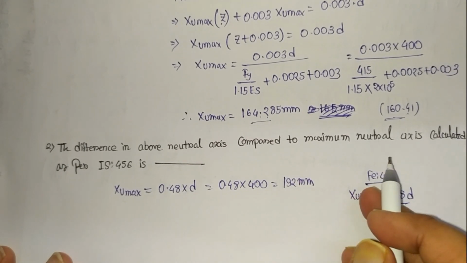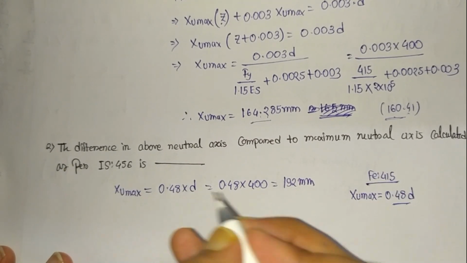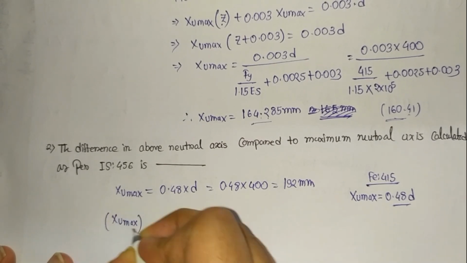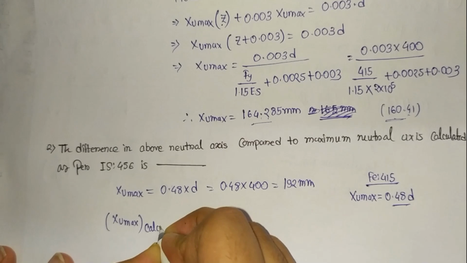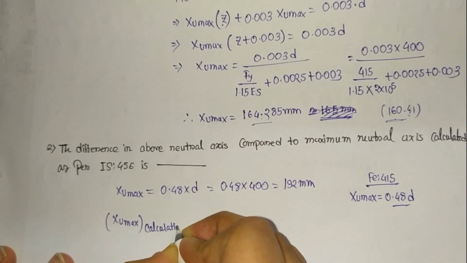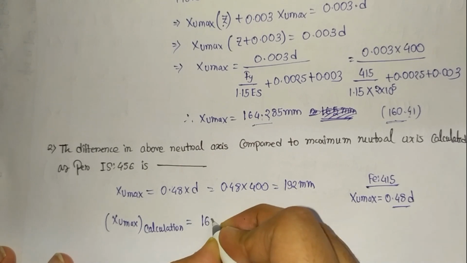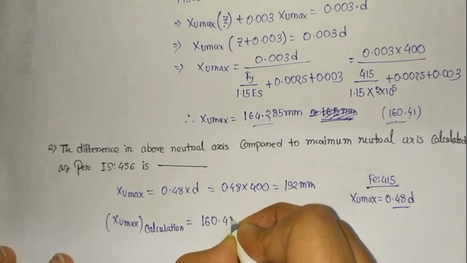This is using the codal provision. Using calculation we have found that the xu max value is 160.41.